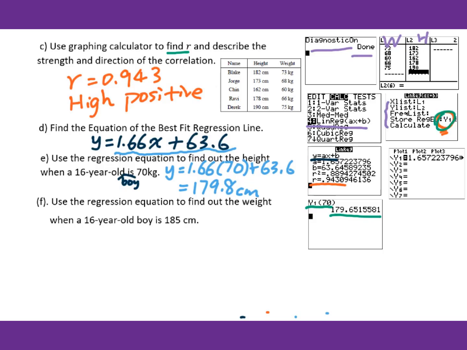For F, use the regression equation to find the weight when a 16-year-old boy is 185 centimeters high. So we plug in y equals 185, so 185 equals 1.66x plus 63.6.